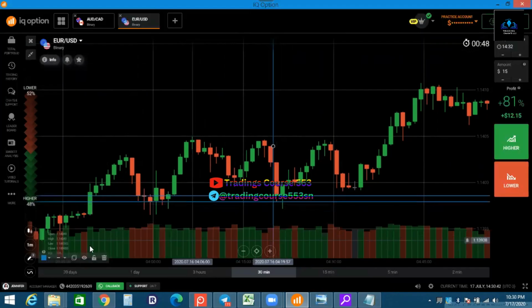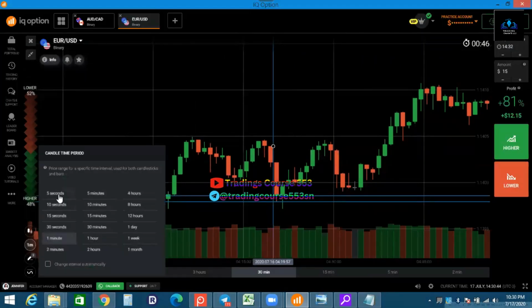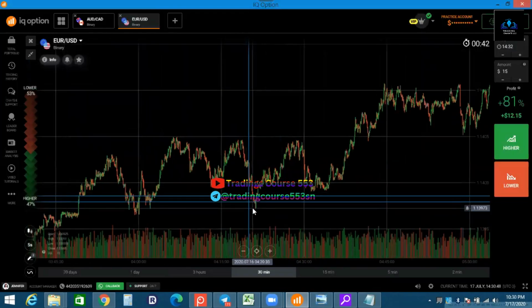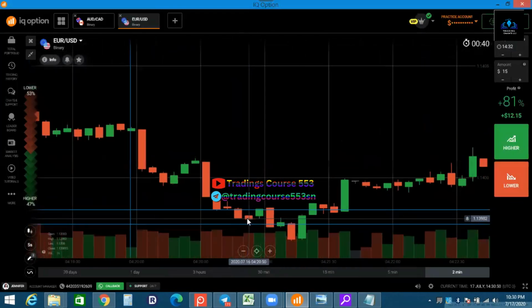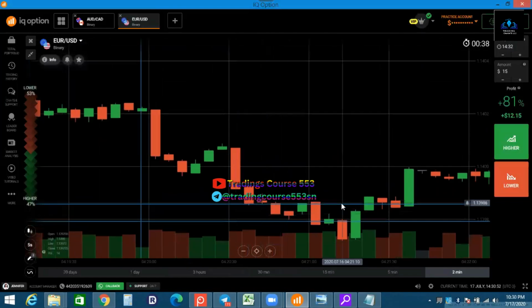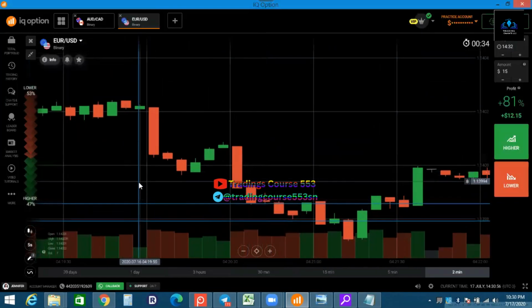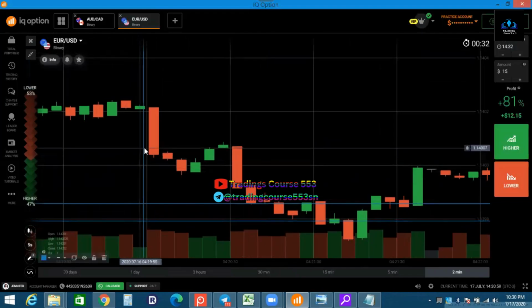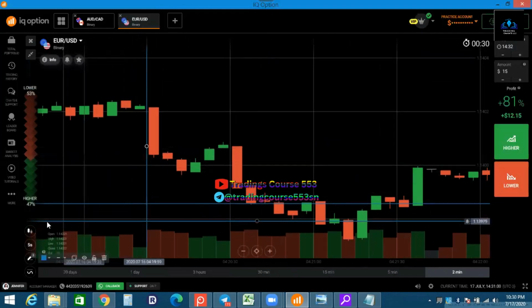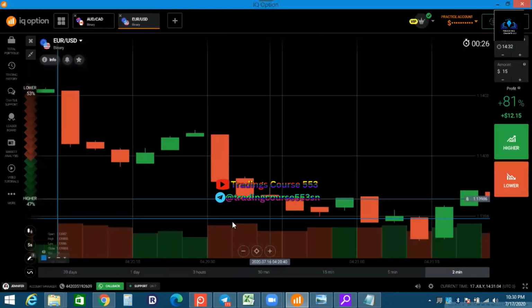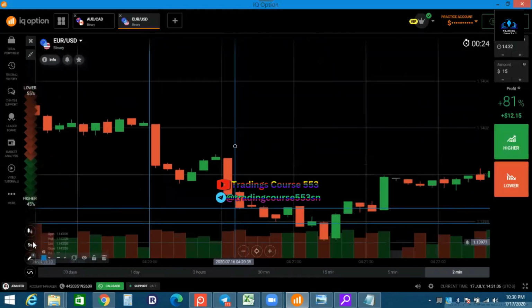You will see any reversal candle there. They are just saying that you will see the reversal candle. In this trend, there are so many reversal candles in 1 minute. So which is 1 minute?